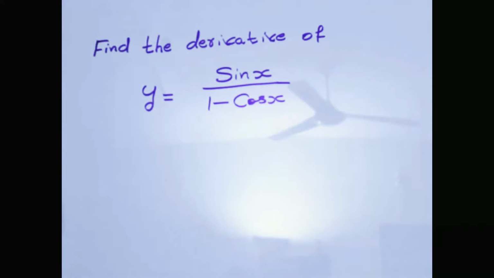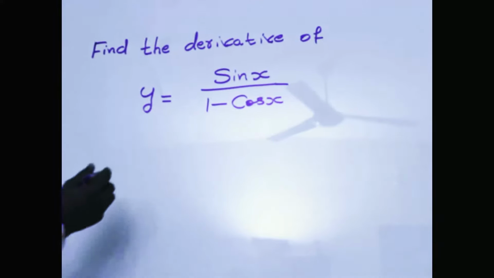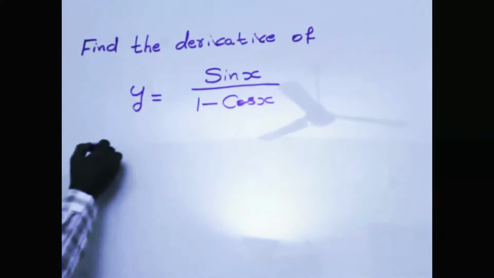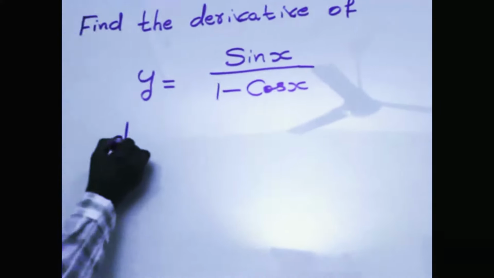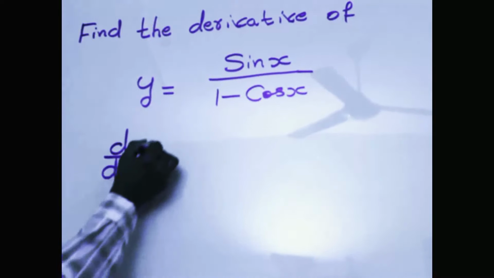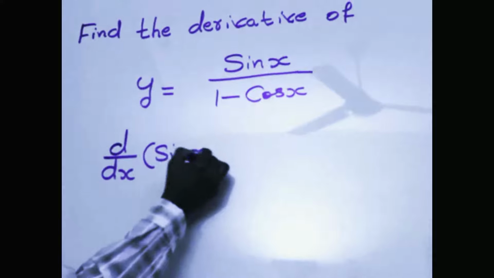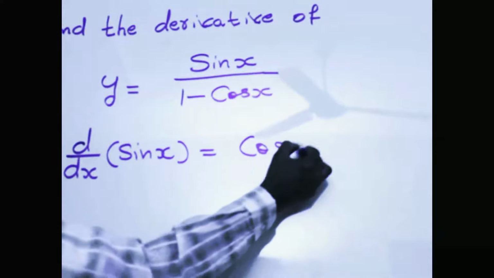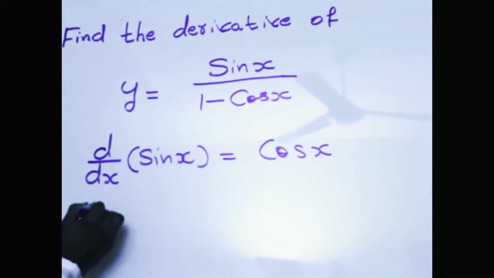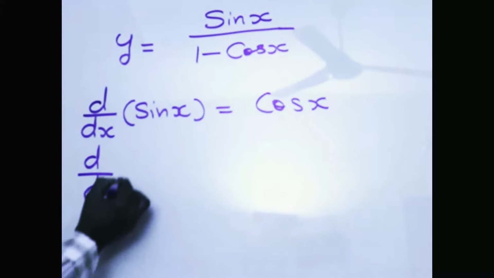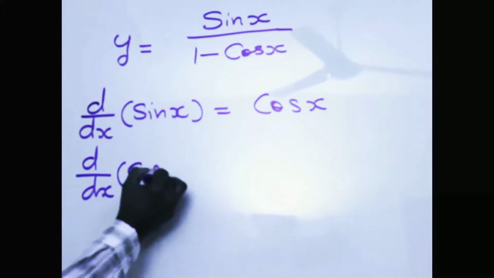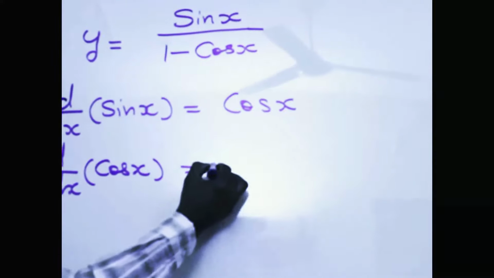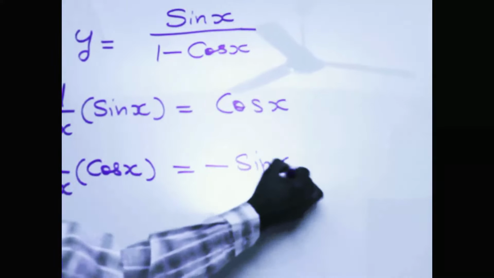The differential of sine is cosine, and the differential of cosine is minus sine. d by dx of sine x equals cosine x, and d by dx of cosine x equals minus sine x.